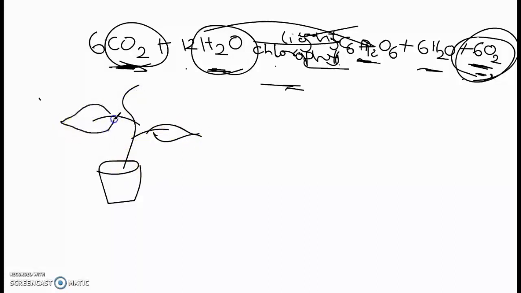And this potted plant, before conducting the experiment, what should be done to it? Very good. It has to be kept in dark for a few days. What's the purpose of keeping the plant in a dark room? So that the leaves are free of starch, for destarching the plant.